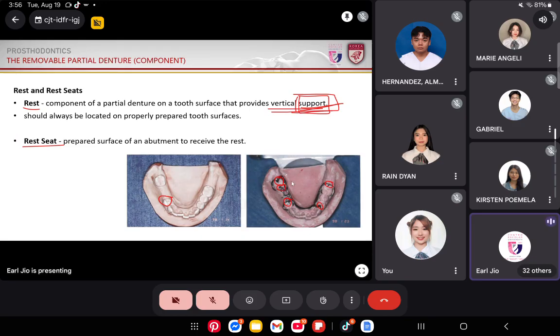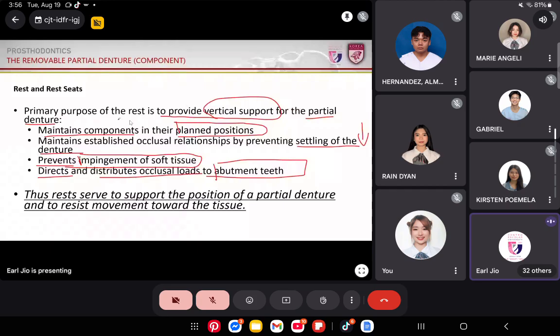Again, the primary purpose of the rest is to provide vertical support. Ibig sabihin, pine-prevent niya yung prosthesis na pumunta or mag-sink papunta sa soft tissue. That's why it maintains components in their original, planned position.